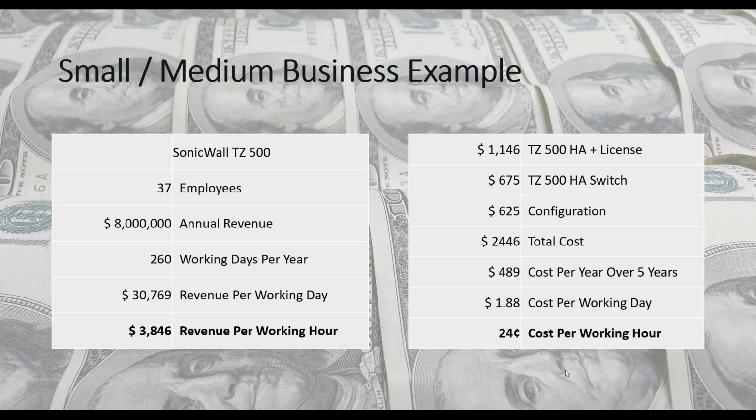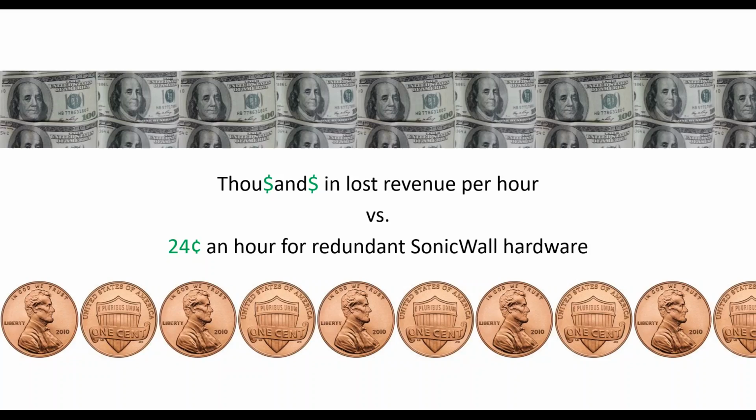Yeah, imagine if you're down for a couple hours, or Lord forbid a whole day, how much that would set you back. It comes down to thousands of lost revenue versus 24 cents for some redundant hardware setup. And you're not even talking about payroll costs here.